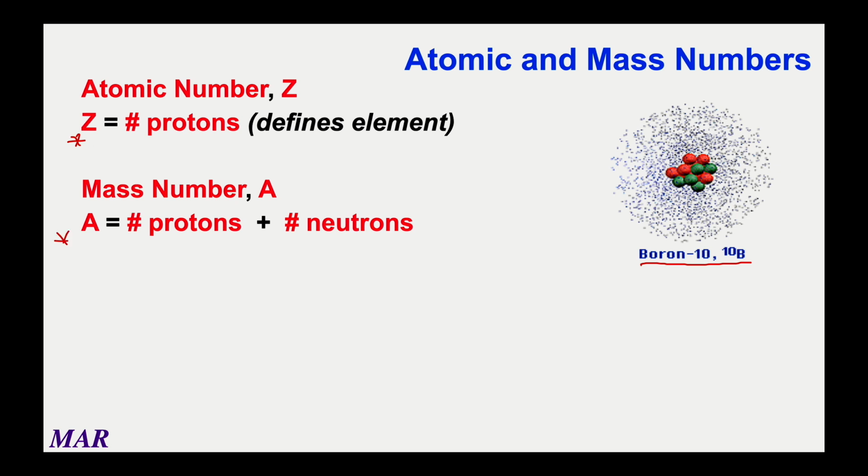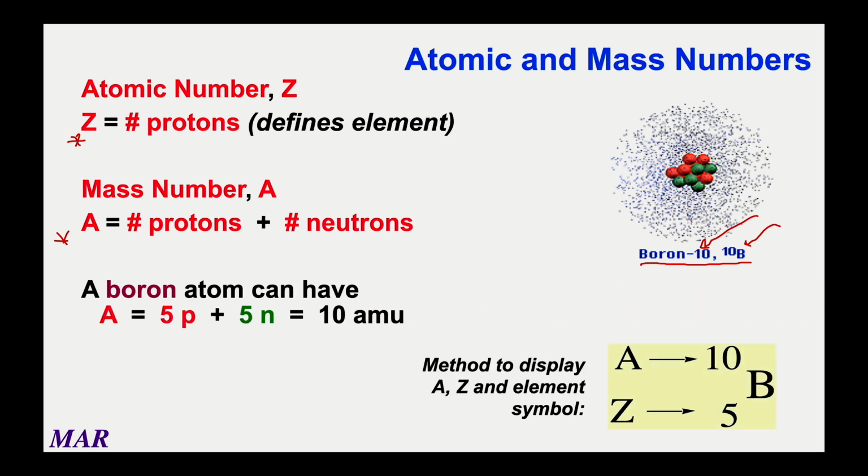Mass number is A, and that equals protons plus neutrons, and you can see that both of these borons over here have a 10 on them. The first one is boron-10, and the second one is a superscript in the left-hand corner 10 with a B by it. And if you look at the periodic table for boron, boron is number 5. So the 10 is the mass number, and the mass number can be really important.